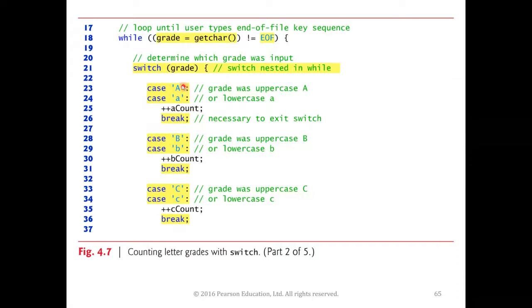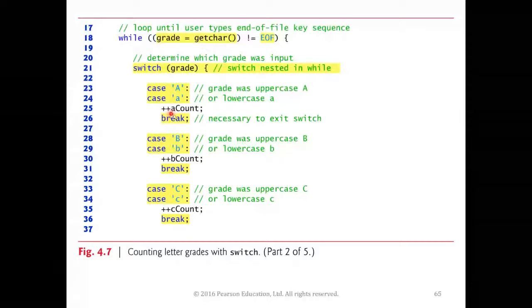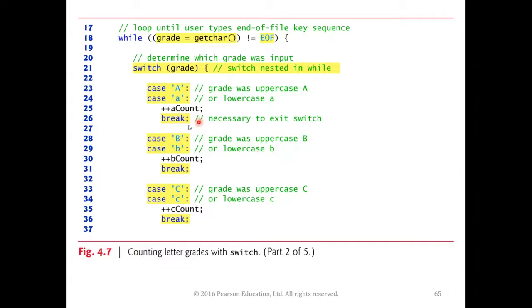Now what that means is when the user enters either a capital A or a small a, you will go inside this and you will increase the value of a count by 1. So your number of A grades increases by 1. And then your program will break.